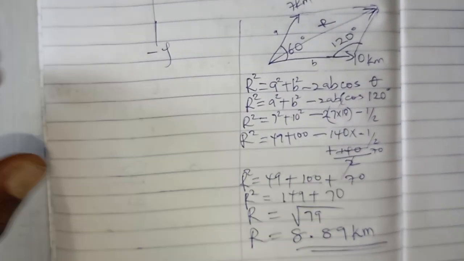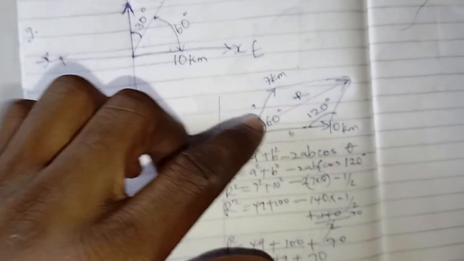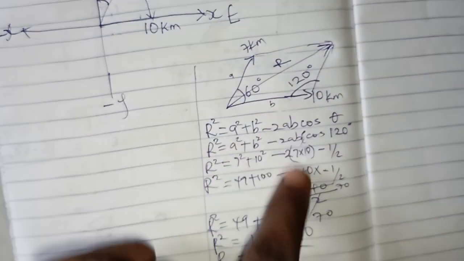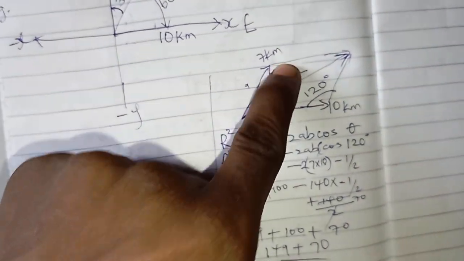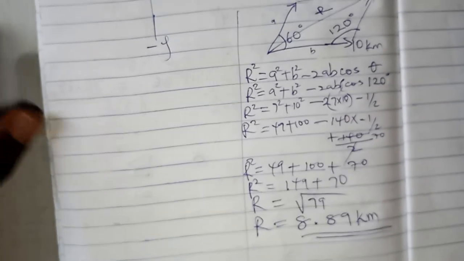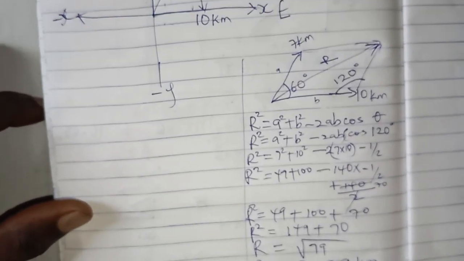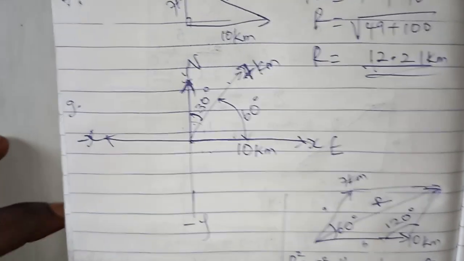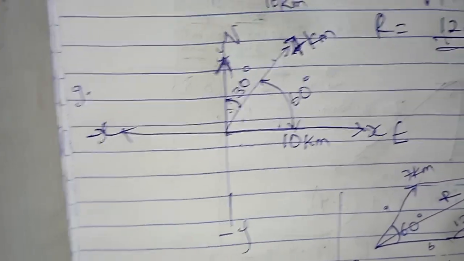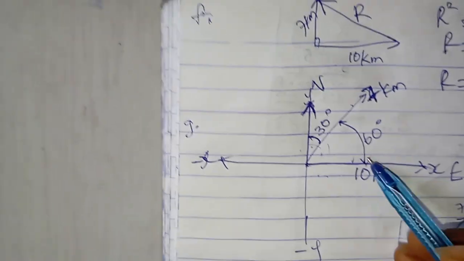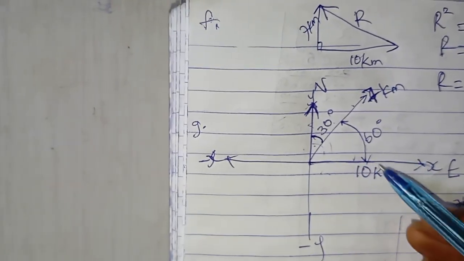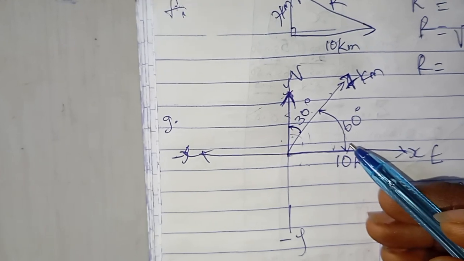Using cosine rule, you will always find the angles on a straight line, and the angle you use for cosine rule must be the angle facing the resultant. But let's say we go back to this and we want to make use of resolution of vectors. Now look at this very well. Don't tell me that he did 30 degrees. Why am I not getting this? We employ the law of physics.